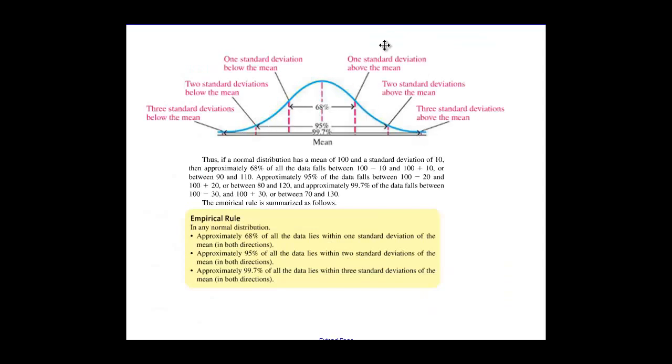So let's look in more detail at that normal curve. Here we've got the normal curve and what we call the empirical rule, which says that under that curve, and remember that the middle here would be the mean, approximately 68% of all the data lies within one standard deviation of the mean in both directions.